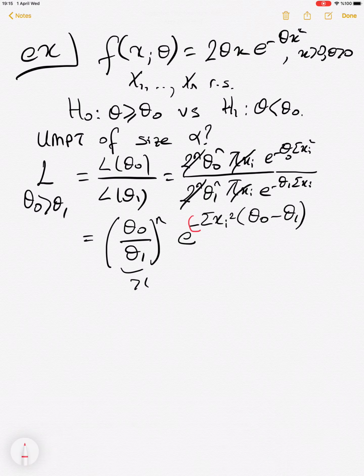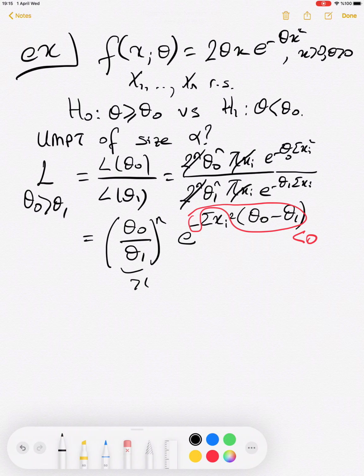so combining with this minus sign, basically our exponent is negative, right? And then this means that L is a non-increasing function.